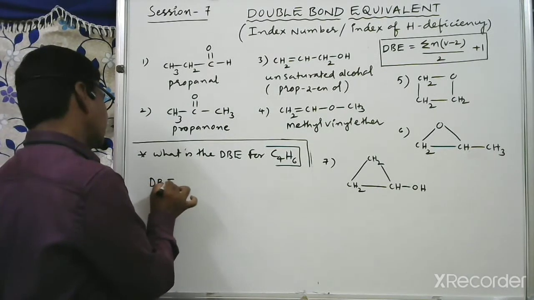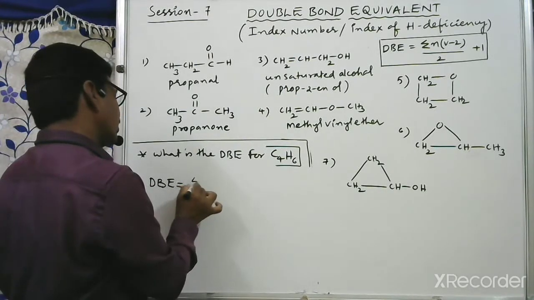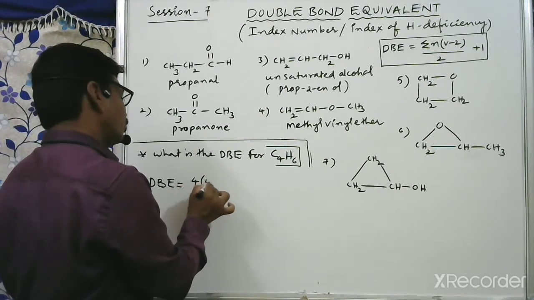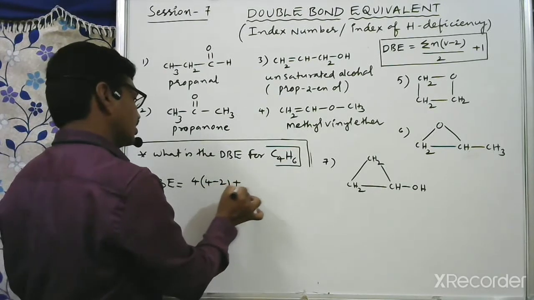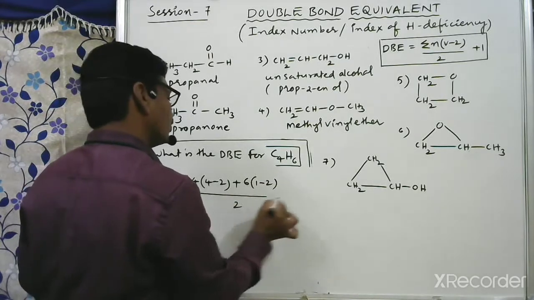DBE for this, as per that formula, is the summation of n into (v minus 2) plus... so 4 carbons are there, into 4 minus 2, plus 6 hydrogens, 1 minus 2, by 2, plus 1.